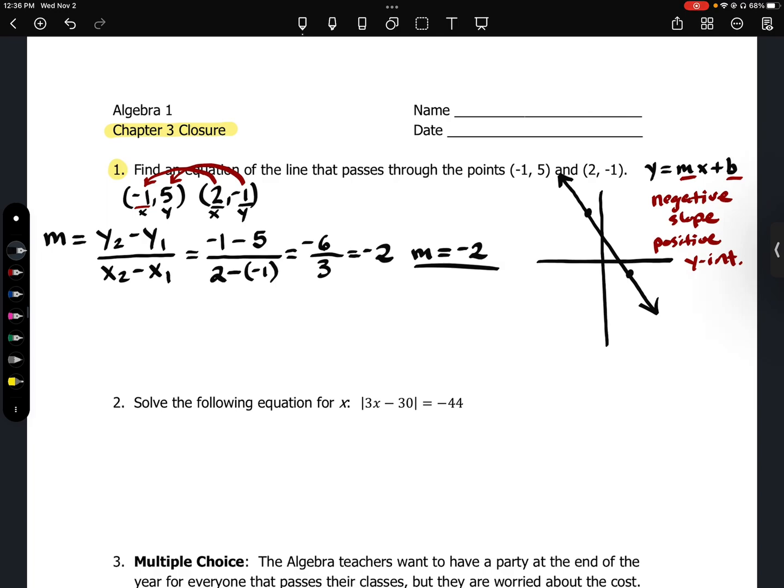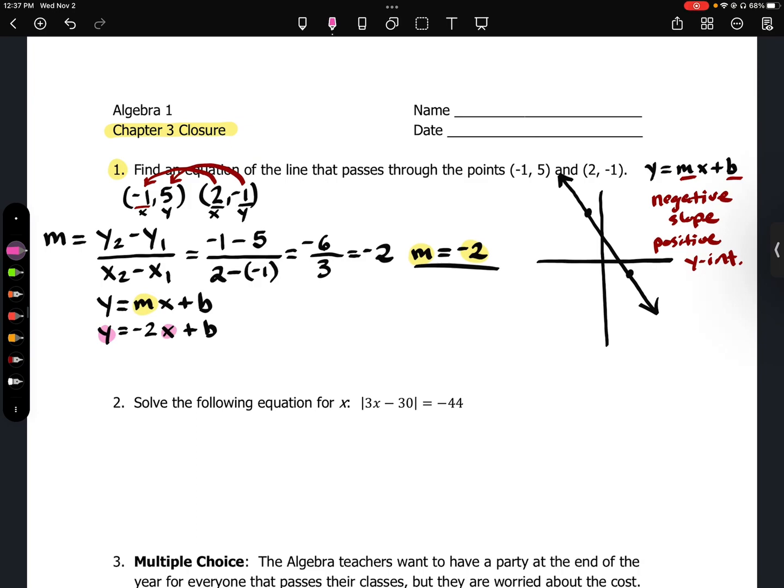Now we need to find the rest of the equation. So we are going to use y equals mx plus b. And since our m is already -2, we'll substitute that in. We've got y is equal to -2 times x plus b. And now we just need to plug in something for x and y so we can solve for b.